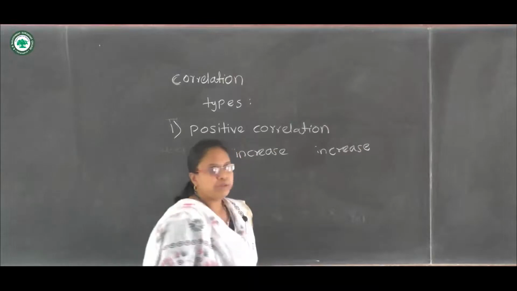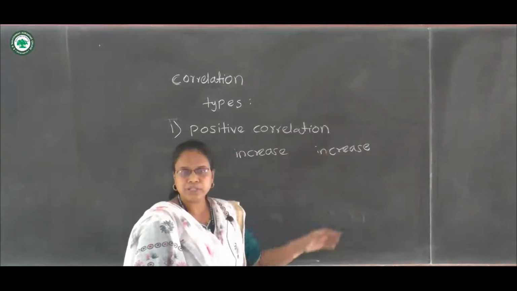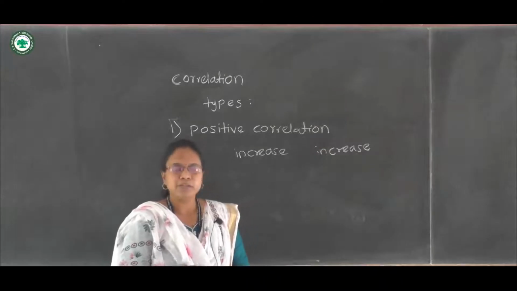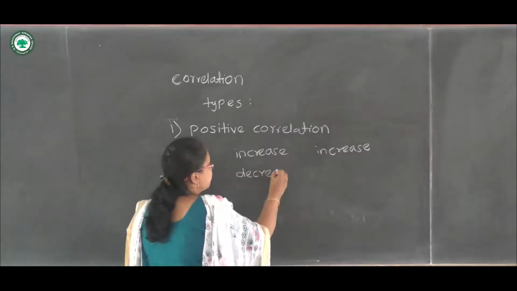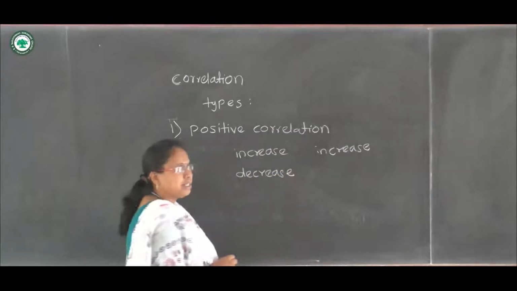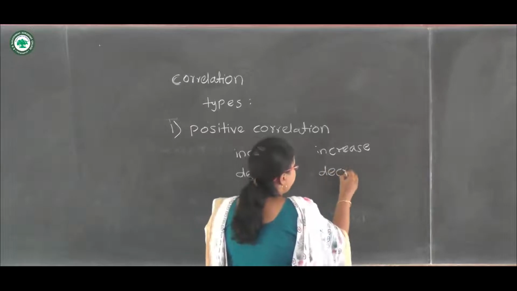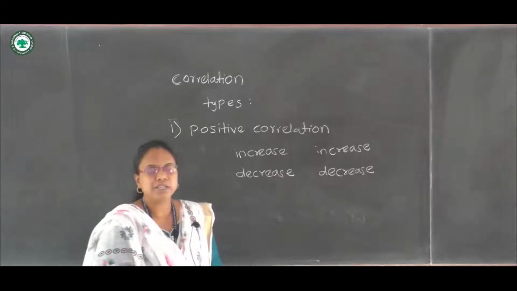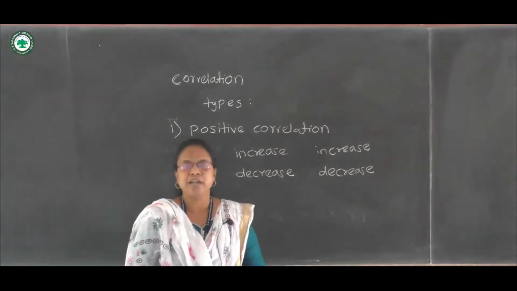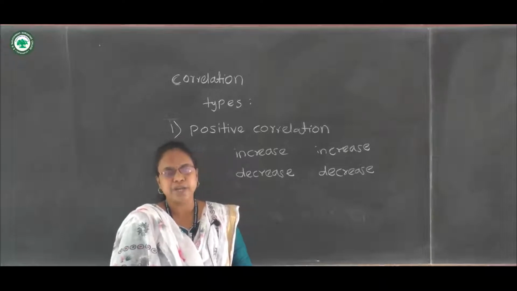If the value of one variable increases, the value of the other variable also increases, or if the value of one variable decreases, then it is associated with the decrease in value of the other variable. So if there is such a relation, we say that there is a positive correlation between these two variables.